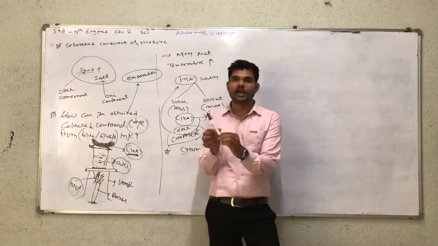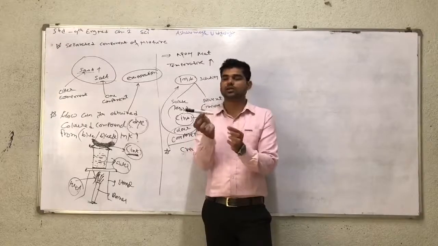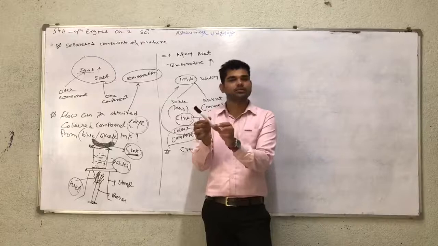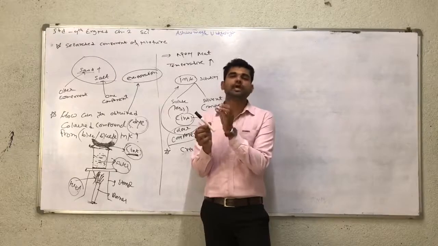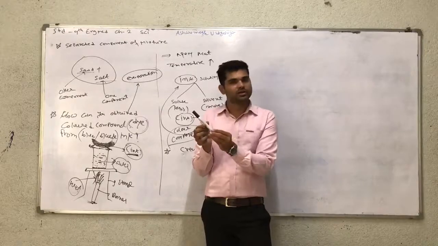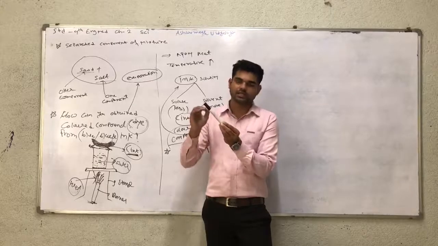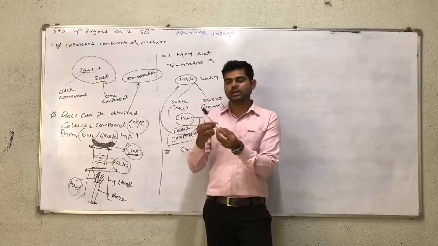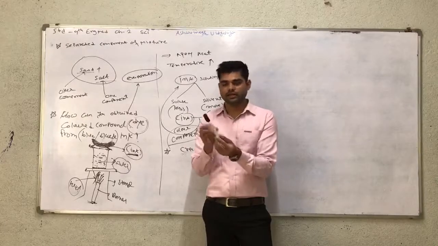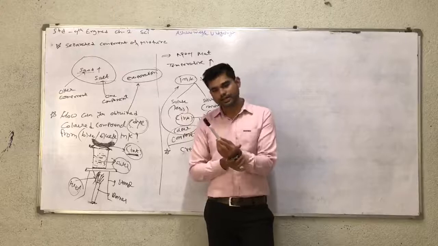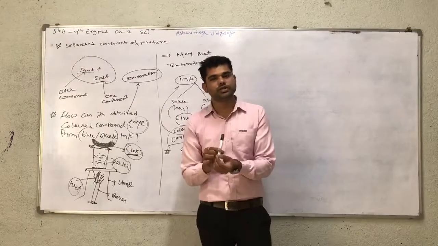The heavy particles collect at the bottom of the test tube, and the light particles are in the upper part. So in this centrifugation process, the cream and milk are separated.